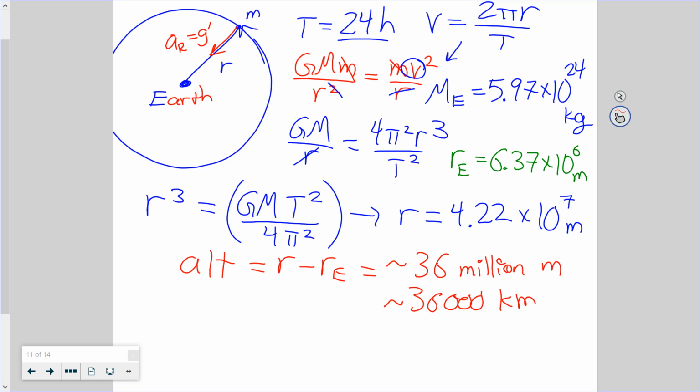Let's see. I put a little g prime, like you could plug in this radius. Oh man. It's approximately 10 times bigger, so gravity would be significantly weaker up there. Oh, I squared. Oh, why is it r cubed? Okay, it wasn't cubed at first.